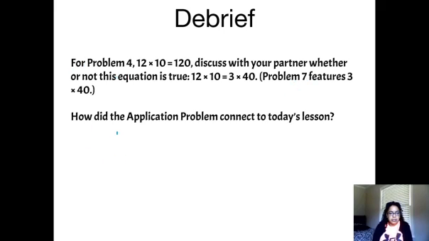And then it says, how did the application problem connect to today's lesson? Well, in the application problem, we had Samantha, I believe her name was, and she was earning $3 for allowance a week, and then $30 for her babysitting, and it wanted to know how much she would make after 4 weeks.